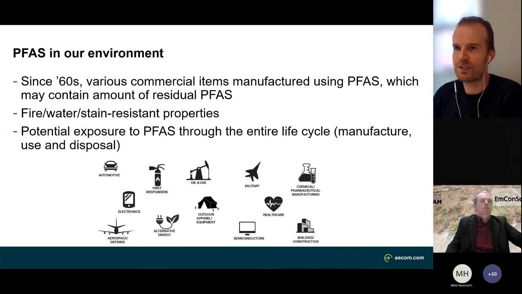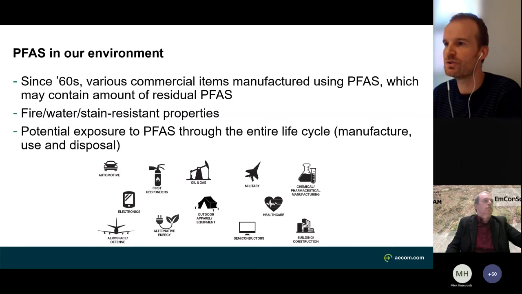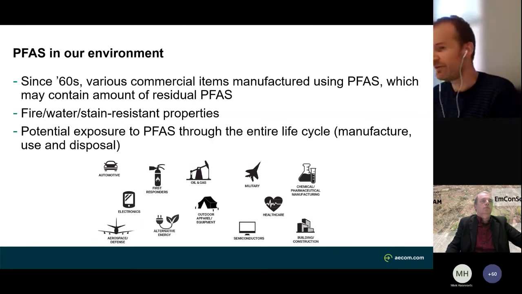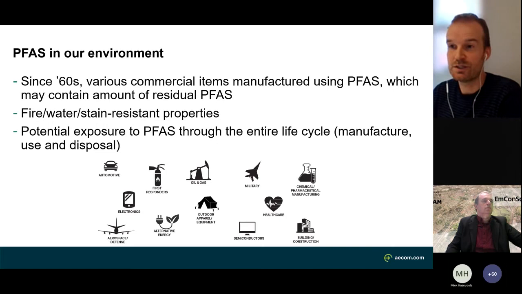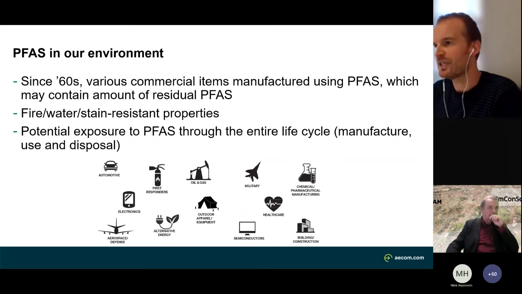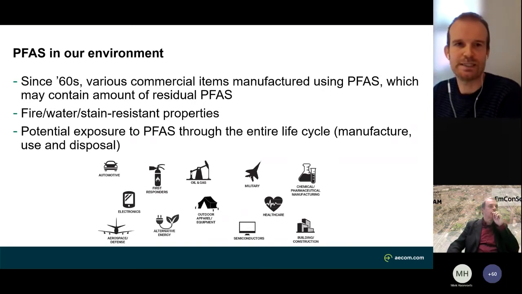So that means that there is a potential exposure to PFAS through the entire life cycle, where it is manufactured, but also using potentially PFAS-containing materials and the disposal of PFAS-containing materials. The picture below shows that you could encounter PFAS in a lot of industrial sectors.